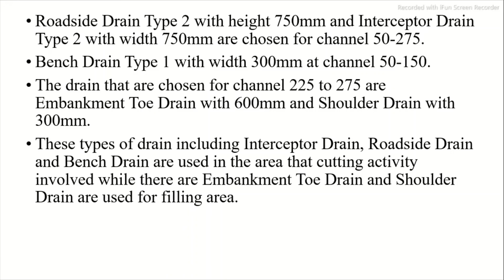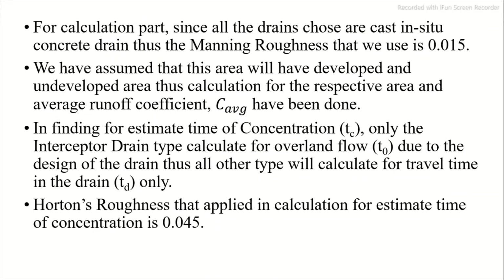The drains that are chosen for channel 225 to 275 are embankment 2 drain with 300 mm and shoulder drain with 300 mm. These types of drain, including interceptor drains, roadside drains, and bench drains, are used in the area that cutting activity involved, while embankment 2 drain and shoulder drain are used for filling area.